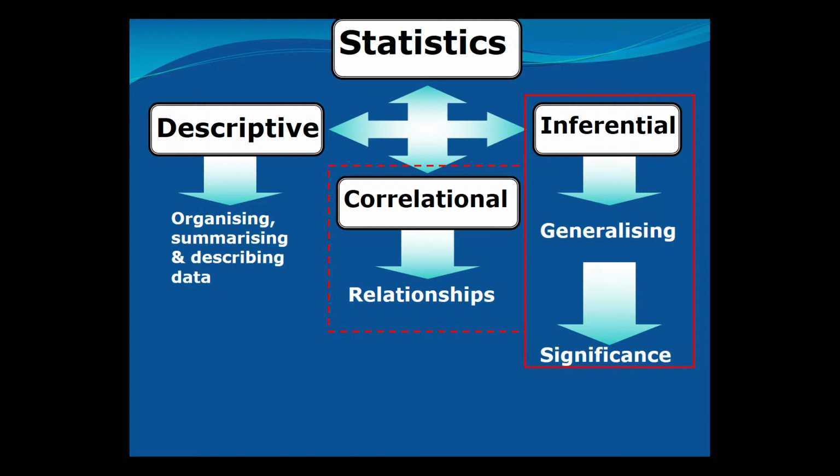Correlation, or correlational statistics, describes a relationship between variables. Inferential statistics. We use inferential statistics to generalize our knowledge and to estimate significance.